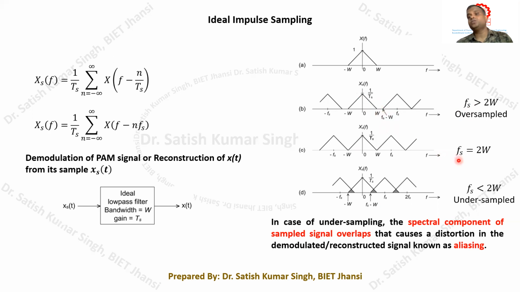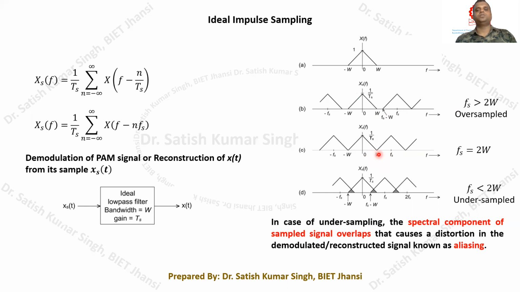If fs is strictly equal to 2W, then the higher portion of this section and this section meet at the value W. We can easily calculate that this value is fs minus W, which equals W, so the gap is 0.